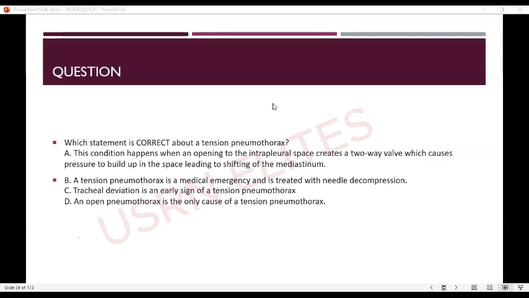Okay, what's the right answer? This question, can it take time before you get the right answer?